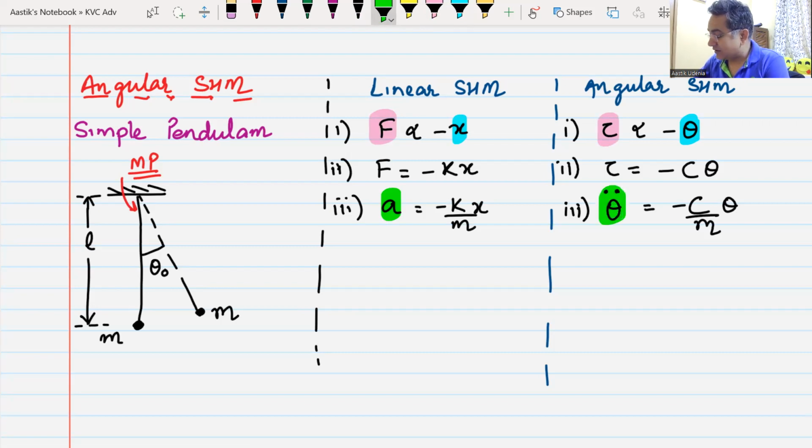For rotational motion we have angular acceleration. See, so simple. For translational motion we have m, and for rotational motion we have I.